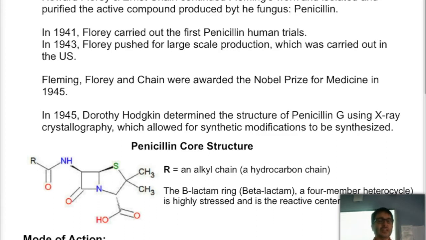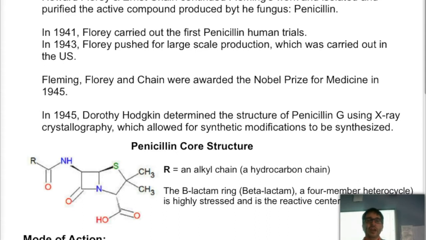Chain was instrumental in the isolation and purification of the chemical, while Florey did the human trials and saw that it acted by killing bacteria directly. These are the two other people that, with Fleming, were awarded the Nobel Prize for their discovery of penicillin.